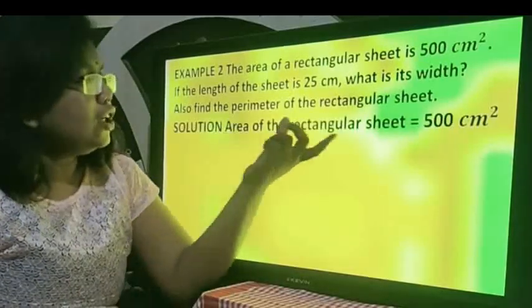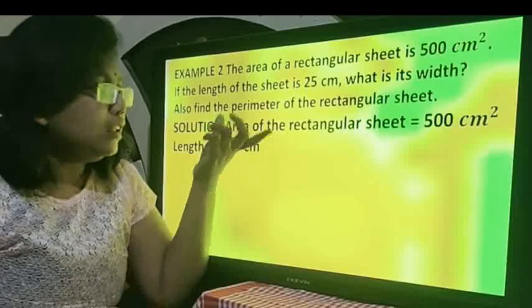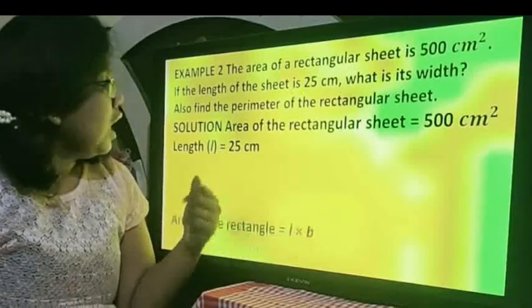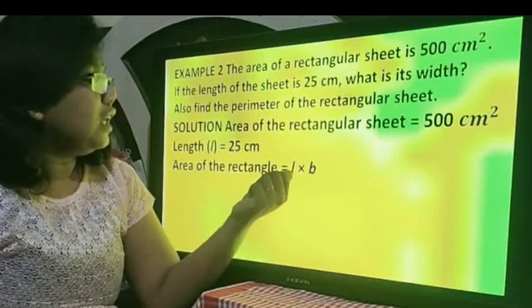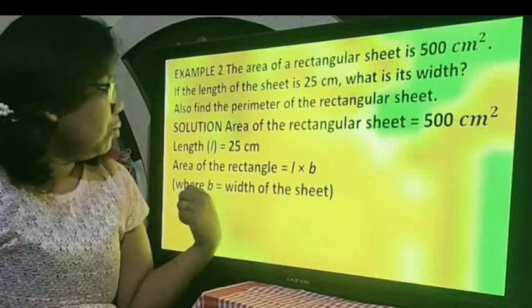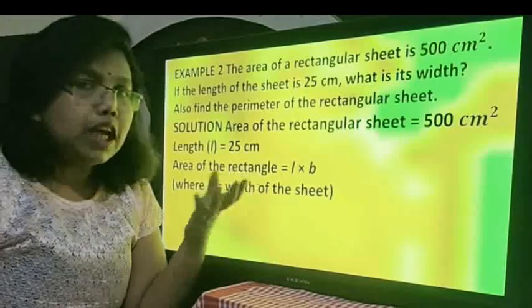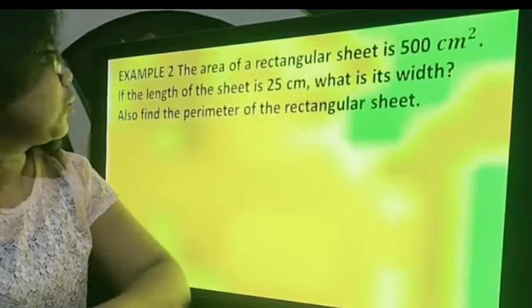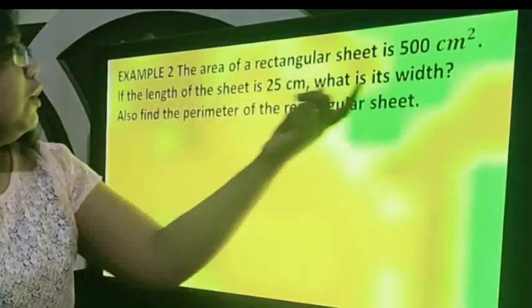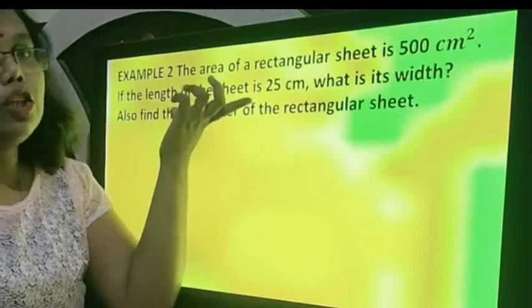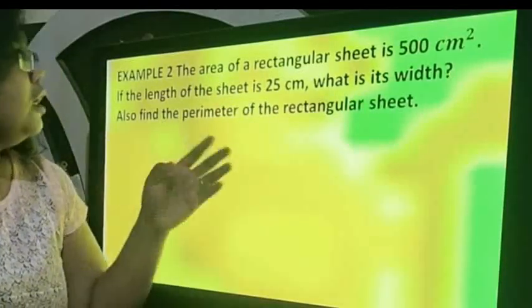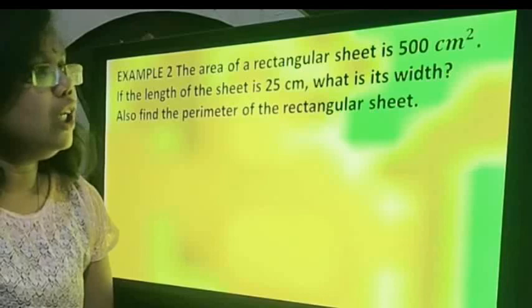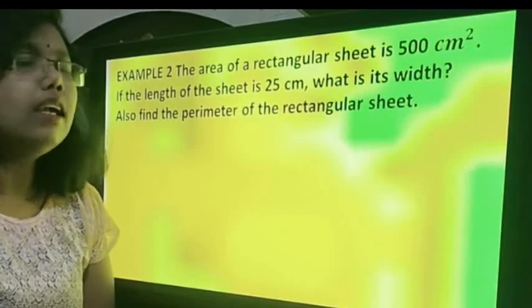B is the width of the sheet; width and breadth are the same. Find the perimeter of the rectangular sheet after you find the width, that is the breadth.